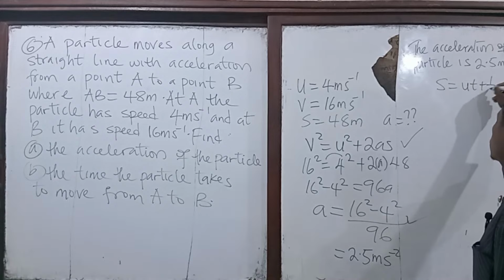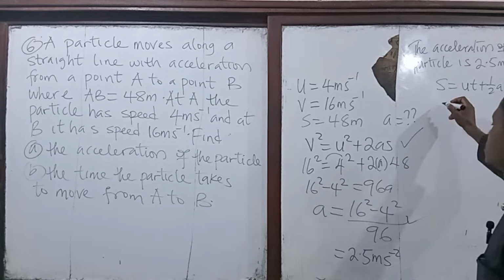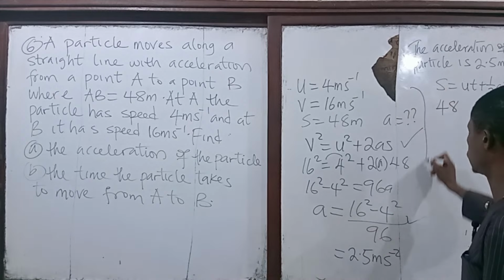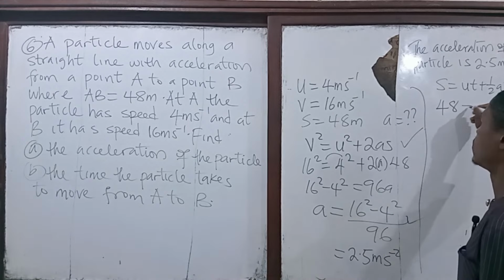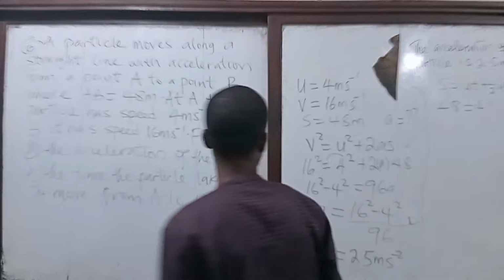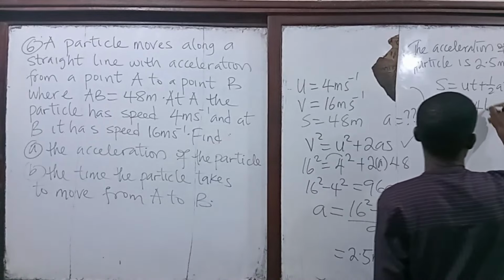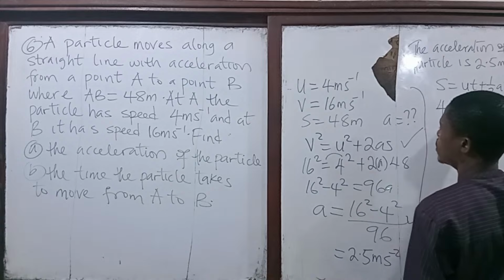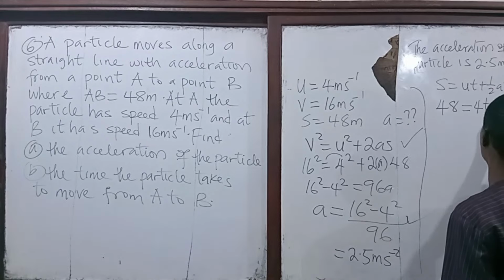Already we've got an acceleration. We have the distance. The distance from A to B is 48. My U is 4. My time, I don't have time, and that's what I'm looking for, plus half times 2.5 times t squared.